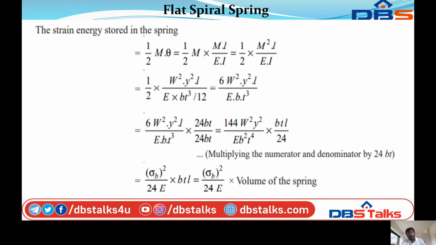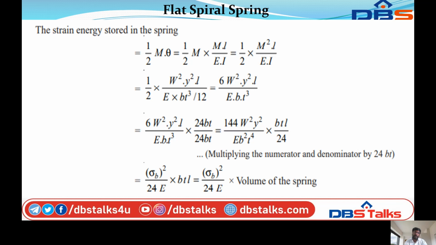Multiplying numerator and denominator by 24 BT, that is equal to 144 W y square by E B square T power 4 into BTL by 24.